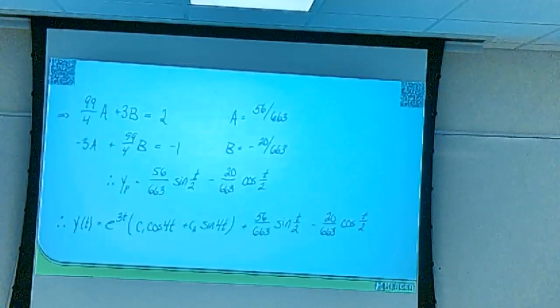Springs, RLC circuits, so Kirchhoff's laws, and motion under a central force. All of which, by the way, is physics. And then there's three types of springs. You have over-damped, under-damped, and I think it's called critically damped, if I remember correctly. But they're all generally the same.